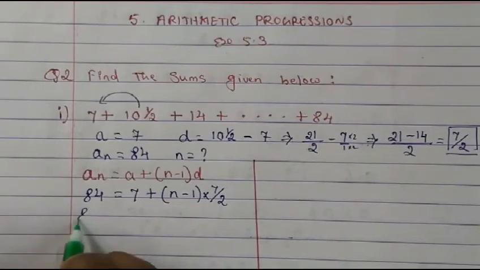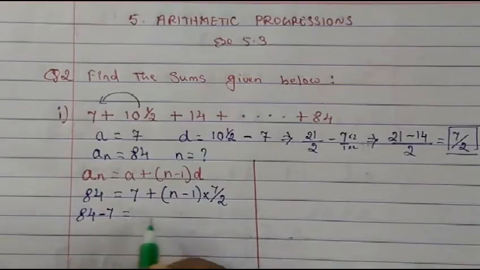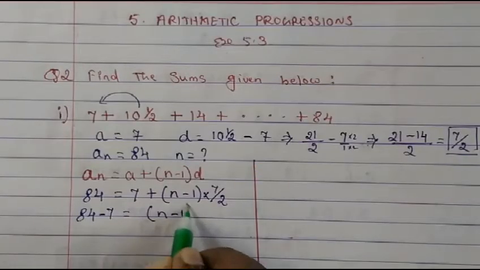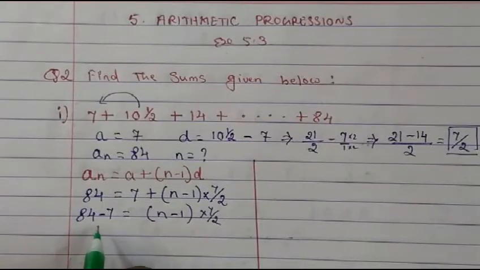Now we'll bring this plus 7 to this side, it will become minus 7. Then we are left with n minus 1 into 7 upon 2. So 84 minus 7 will give us 77, and then n minus 1 into 7 upon 2.